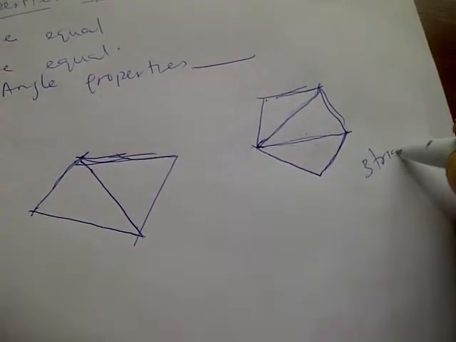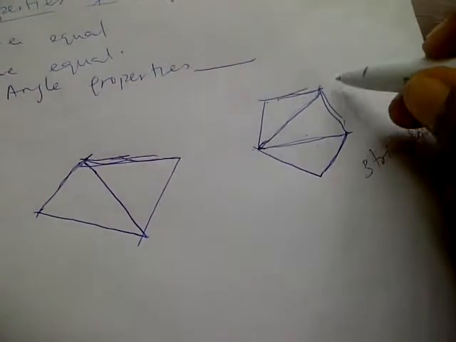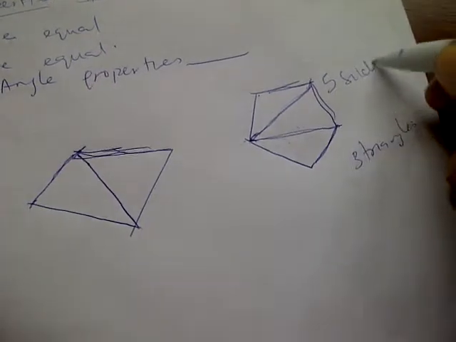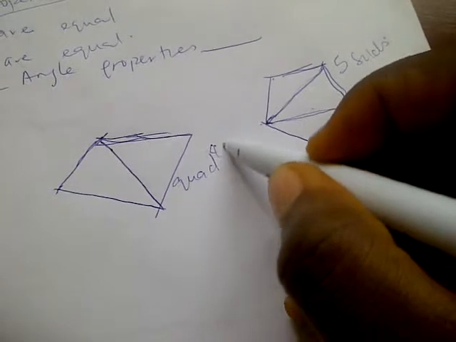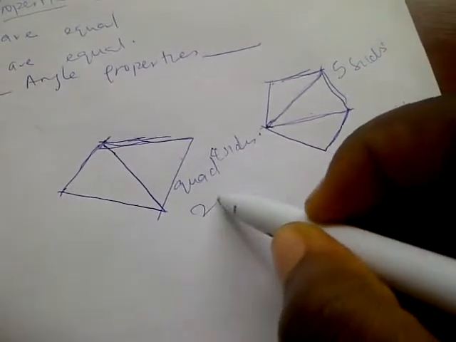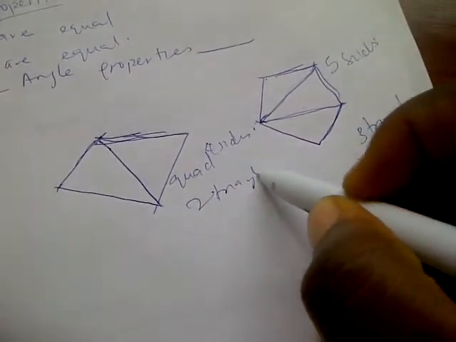A pentagon has 5 sides. Remember, a quadrilateral has 4 sides and you can divide it into 2 triangles.